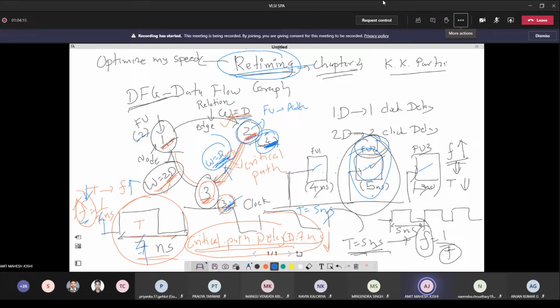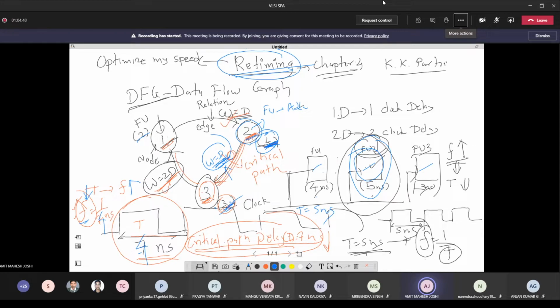Okay. Now, the problem is not this simple. When I say I want a D over here, initially there was no D, but I want one. What the actual retiming theorem says is that I cannot bring a new D inside my loop. I need to somehow borrow a D from the other edges.